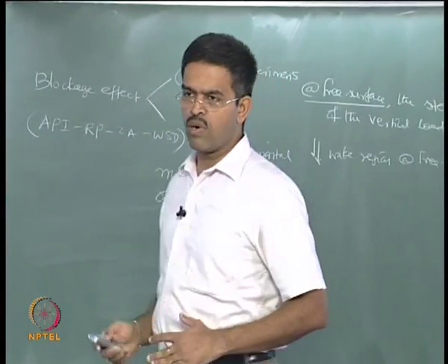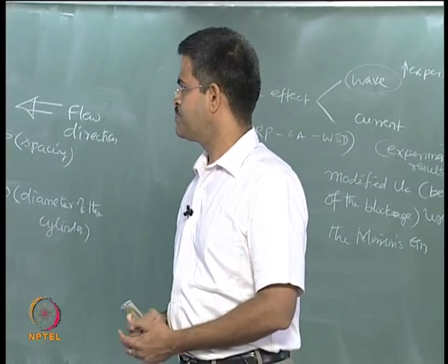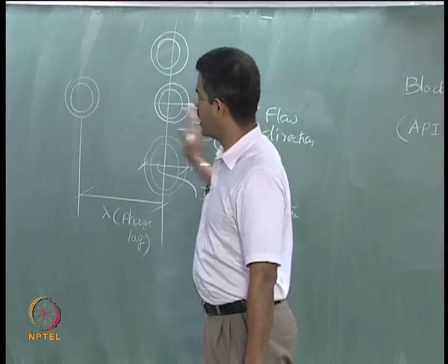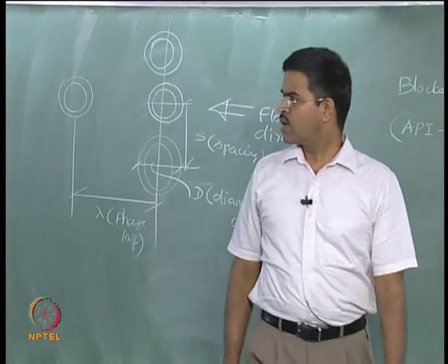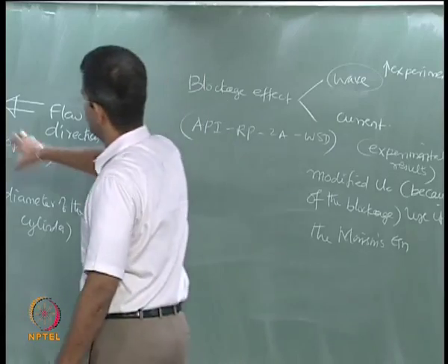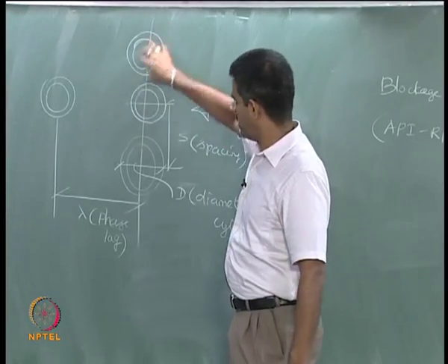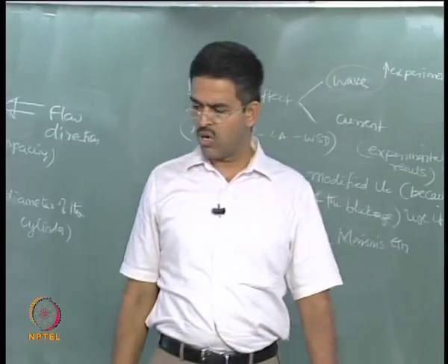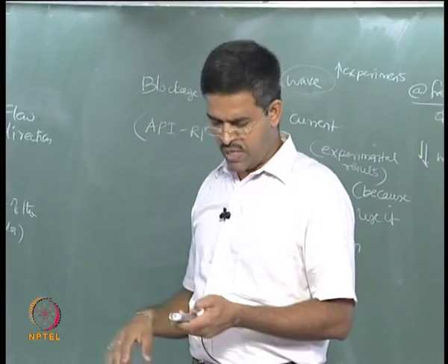So let us quickly look at what the blockage factor is and how to compute it. As I just now said, closely spaced members are connected in different orientations, one can be in the transverse direction, one can be in the inline direction of the fluid flow. Remember, they are not all independent by themselves, they are all interconnected. When they are connected together, it causes distortion in the fluid flow around it in the vicinity.